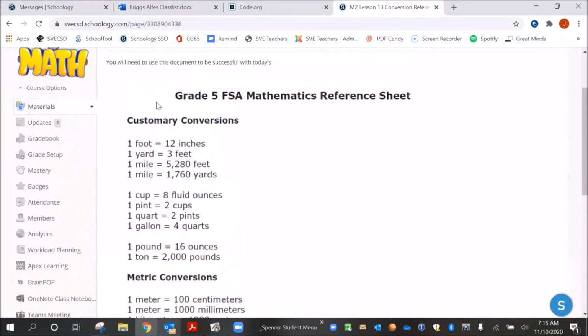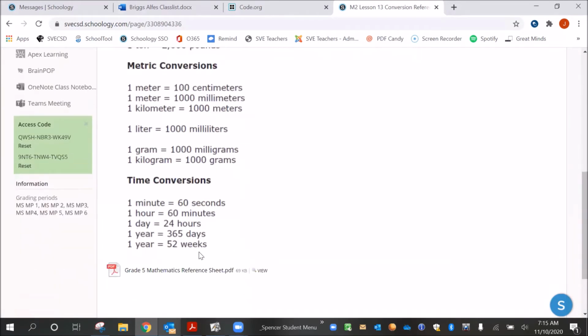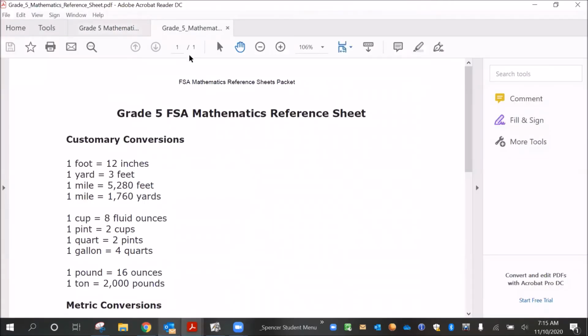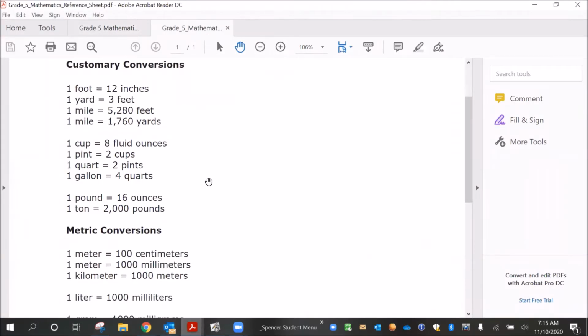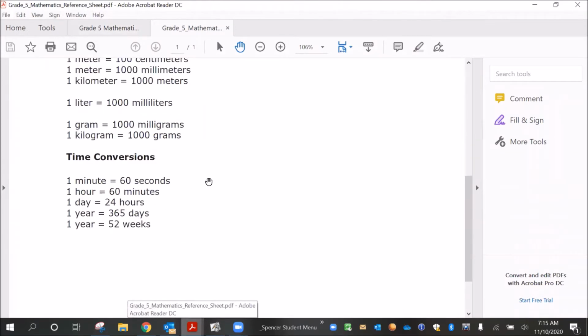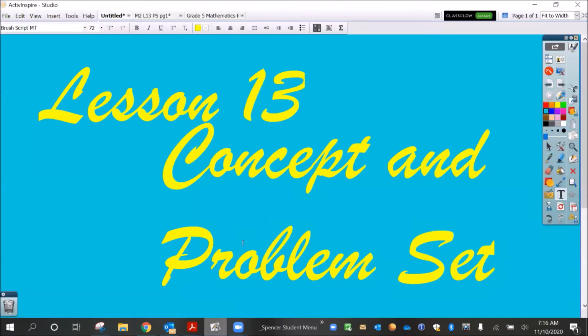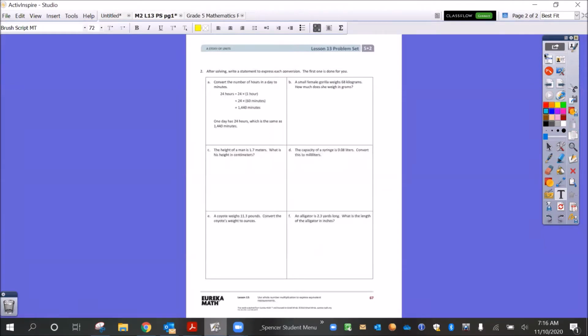There's a snip of it inside of this, but then there's also a document that you can open up. And now I have it opened up in Adobe. So I can refer to this when I'm working on my problem set. So now I can go back to Active Inspire where I have my problem set. And so let's go ahead and get right into our problem set.